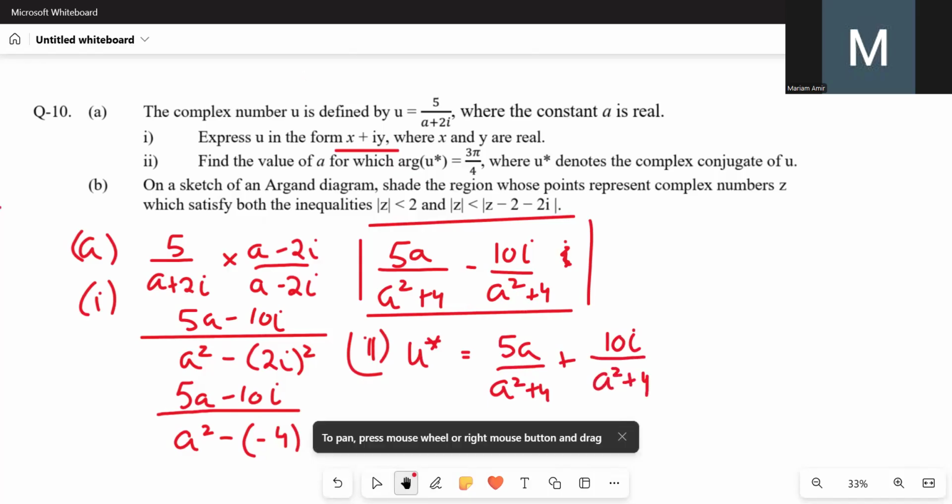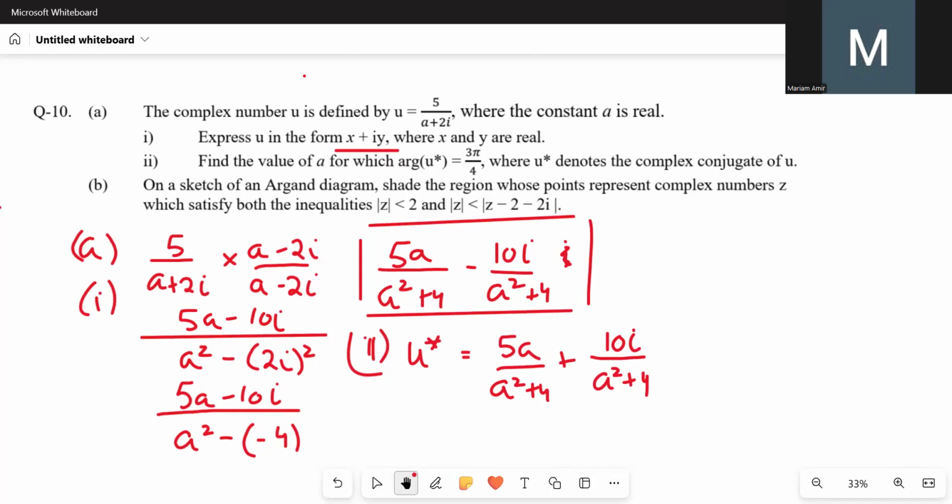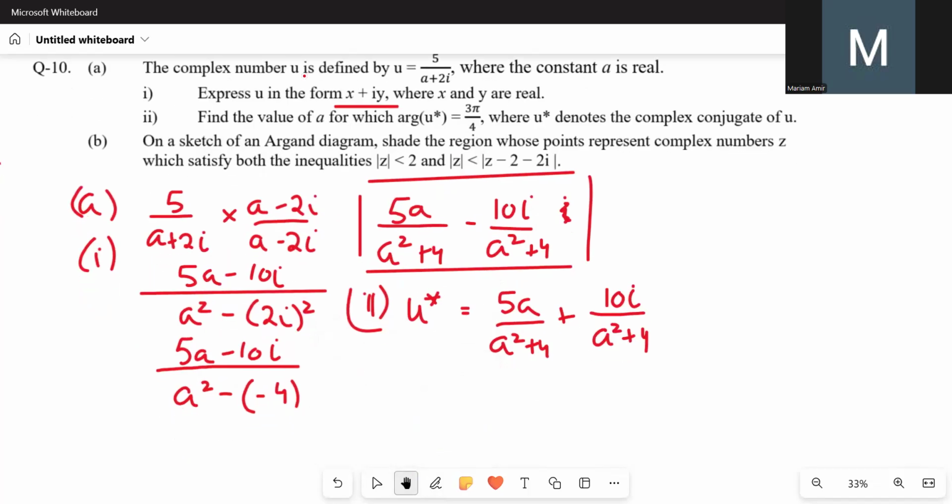Okay, conjugate of this, the argument of this is going to be tan inverse y over x. So argument of u conjugate would be tan inverse y upon x.